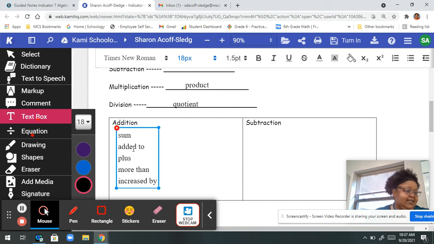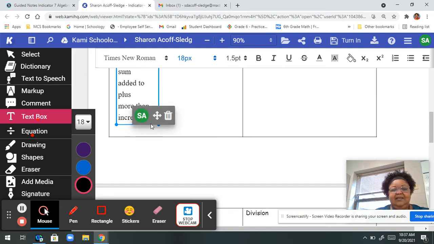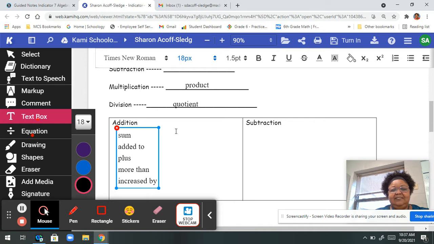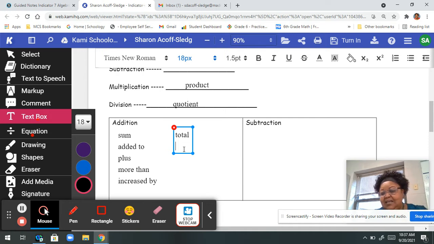Total. That's a good one, right? If I say the total amount of money that all the kids in class have, you would have to add it up. Combined, both. That could let us know to add something. In all. So they had this much in all, you would have to add to get that.